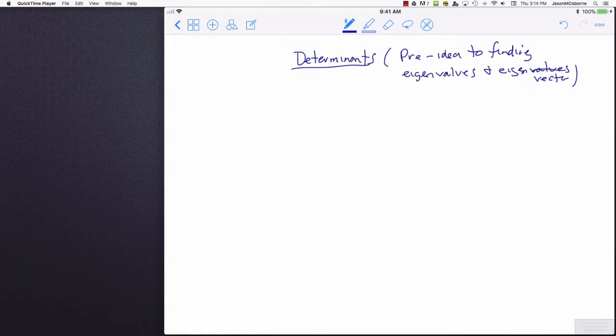So we're going to consider the determinant through the system of equations.